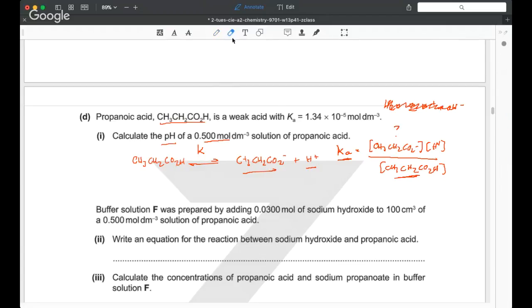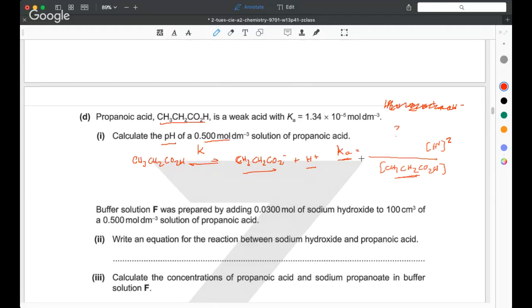So the concentration of hydrogen ions and the concentration of propanoate anions is the same. So you can, and this is a perfectly valid step to do, say that actually, that's the same as the hydrogen ion concentration squared, because those two concentrations were the same.